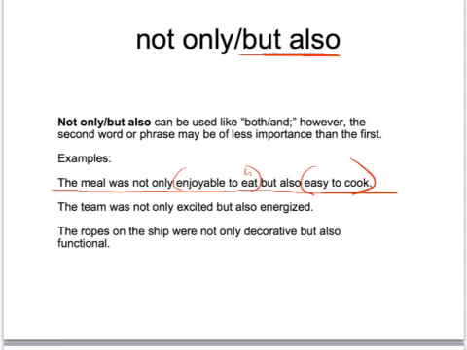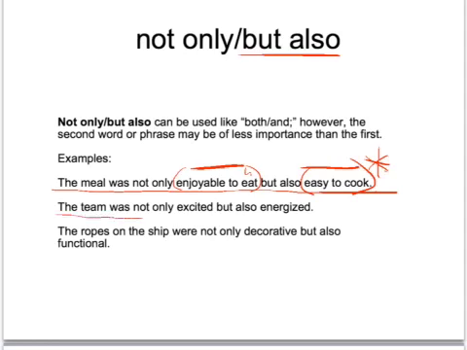Even if something was enjoyable, you're still going to go to a lot of effort to cook it so that you can enjoy the meal. But this meal is special because it's not only enjoyable, but also it's easy to cook. So grammatically, these two formats are basically equal, but this second quality of the meal is not as important as the first quality, which is that it's enjoyable to eat.